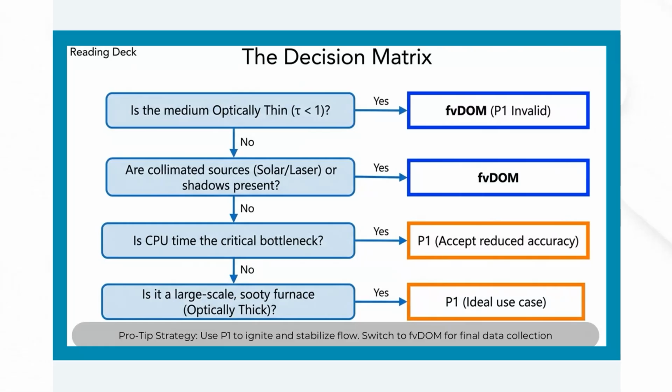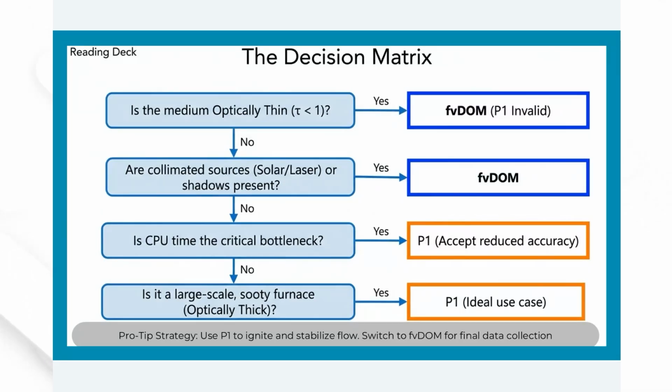But one of the biggest questions you should be asking is whether your CPU time is the critical bottleneck here, because many times getting an answer is much more important than just running your CFD to get minimal gains there. So if physics allows for flexibility, then you can go for P1.